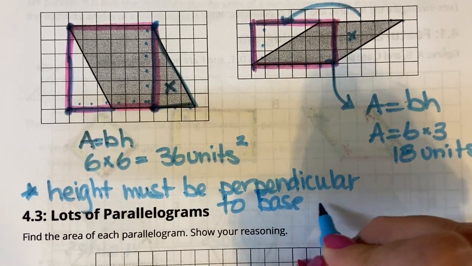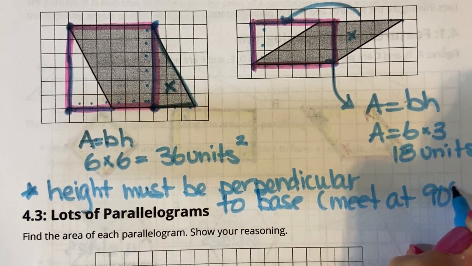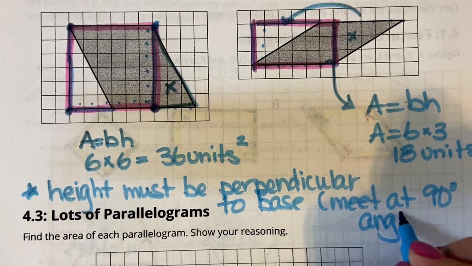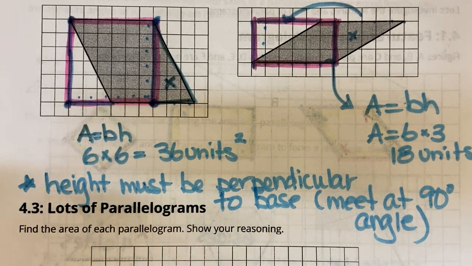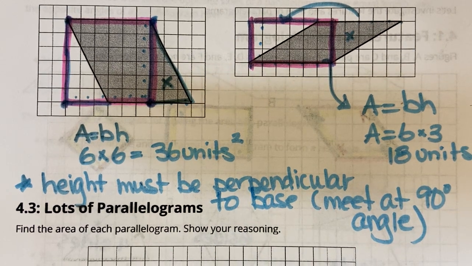And that just means they meet at a 90-degree angle. So all rectangles fit that, right? Parallelograms, not necessarily right away when you look at it, but rectangles are already set up that way.